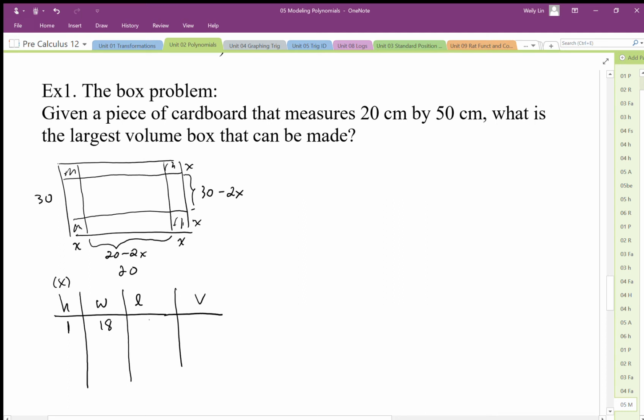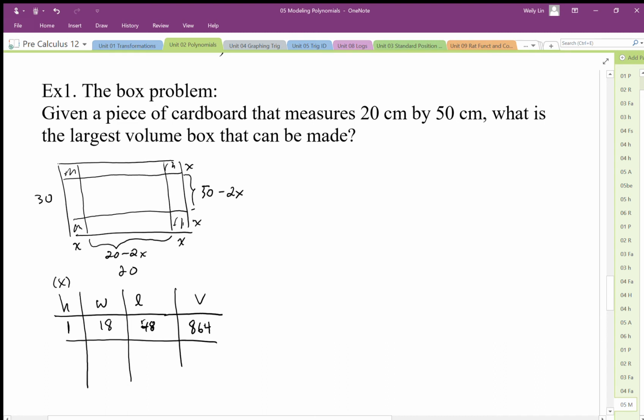Well, this is 50, isn't it? So we got 50 here, so it's going to end up being 48. So the volume that I end up getting, if I do 1 times 48 times 18, looks like it's 864. Okay, so that doesn't seem like that good a volume.